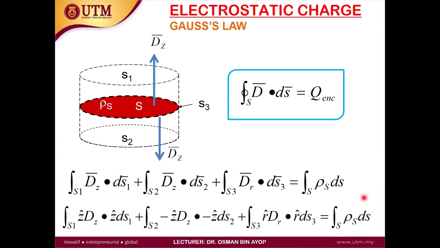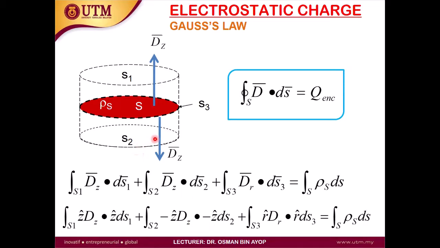Next, we expand more. Dz has the direction of positive z. Our surface dS1 is facing outward, so it is in the z direction. Plus the bottom surface, we have the negative z direction, and the component of the field is Dz, which you dot product with the surface.